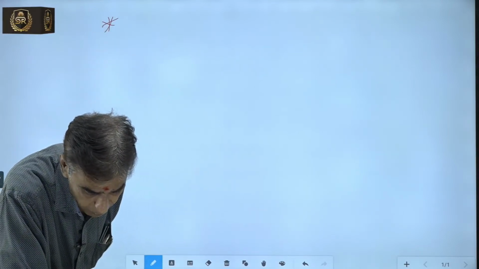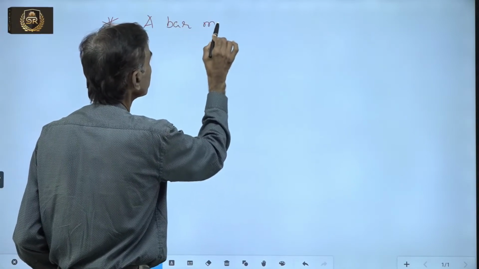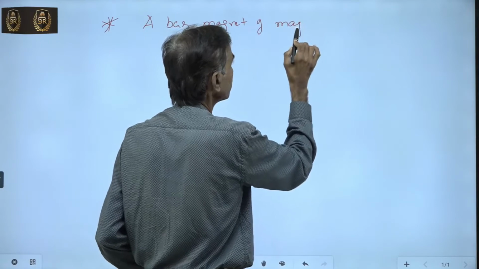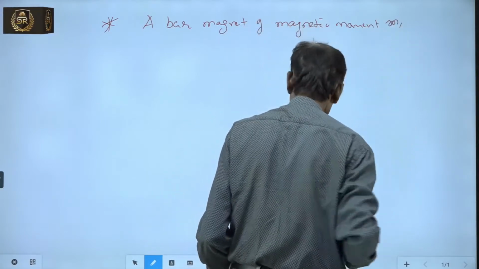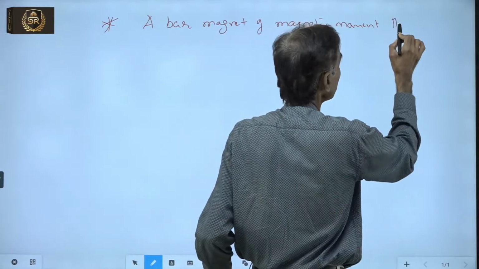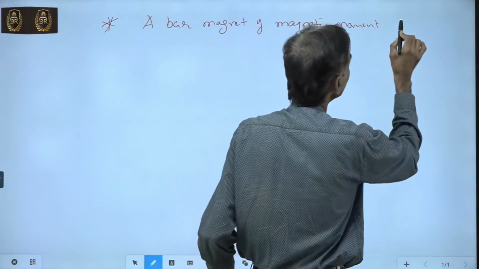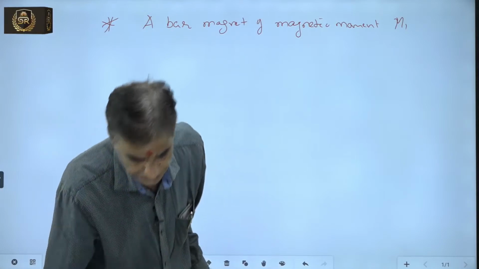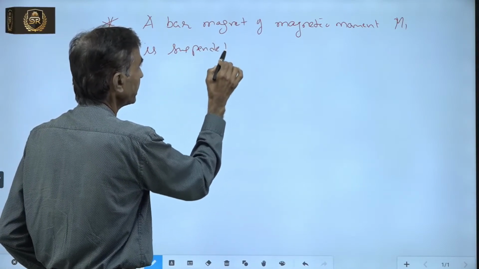A bar magnet of magnetic moment capital M1 is suspended by a wire in a magnetic field.